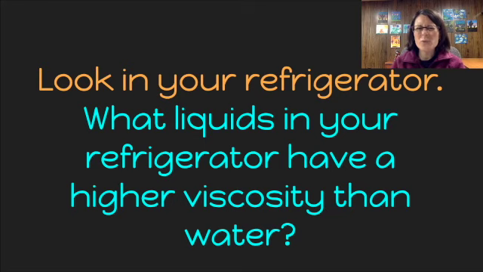So I've given you a few examples, but what I want you to do is look in your refrigerator, or if you're watching this video at school, think of what's in your refrigerator. And I want you to think of some liquids in your refrigerator that have a higher viscosity than water, so a higher resistance to flow than water. Pause the video and think of those and write a few down.